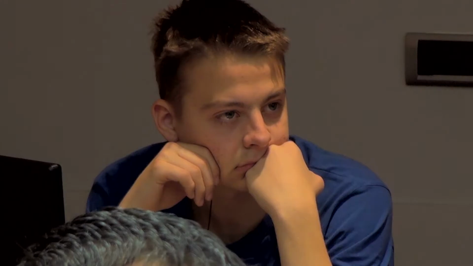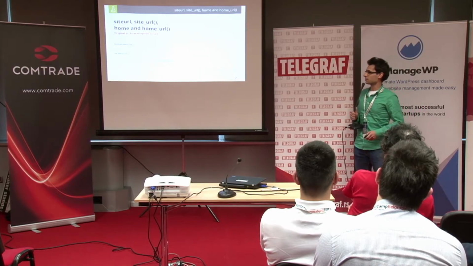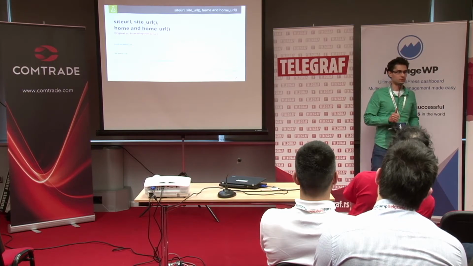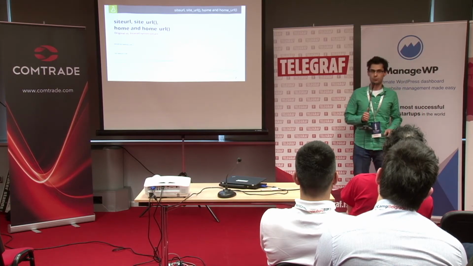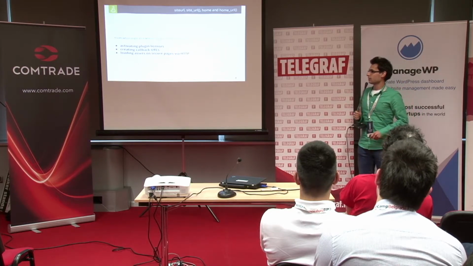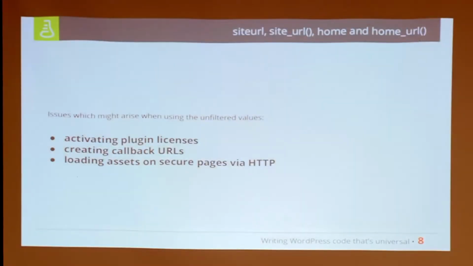And we've noticed that a lot of plugins just take the value of the options from the options table, mainly the site URL and the home options, which leads to a bunch of problems, mainly when trying to activate plugin licenses, since the plugin sends to the server handling the plugin licenses a certain URL.